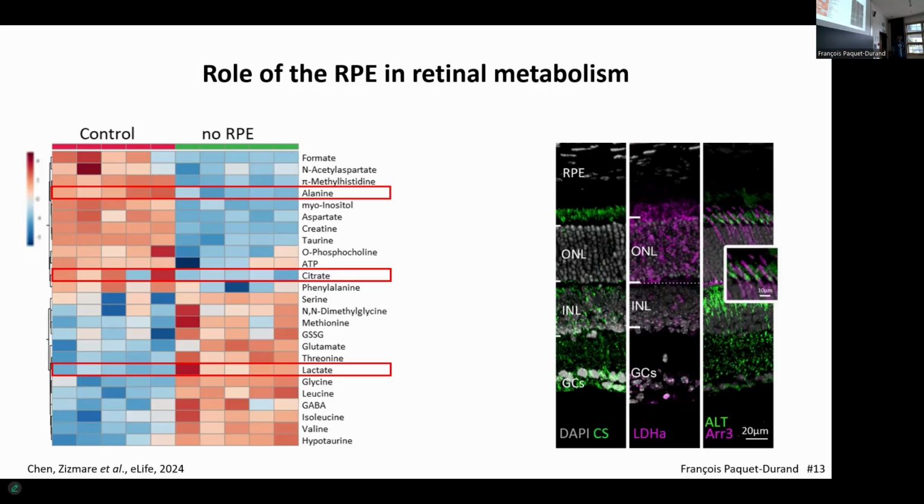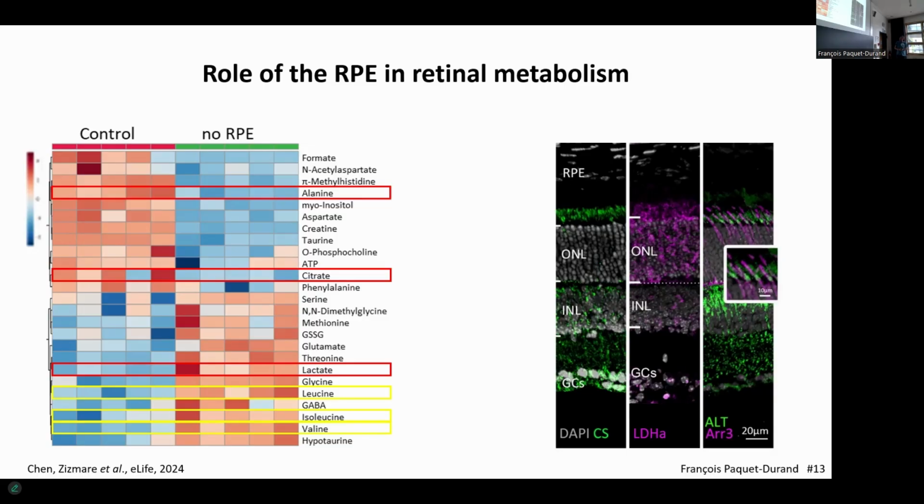The enzyme that produces alanine is alanine transaminase, or ALT. And what we have here is a co-labeling of ALT with cone arrestin. You can see that in the outer nuclear layer, alanine transaminase is expressed only by cones in the cone segments. So alanine, something happening in the cones. That's what we could conclude here.